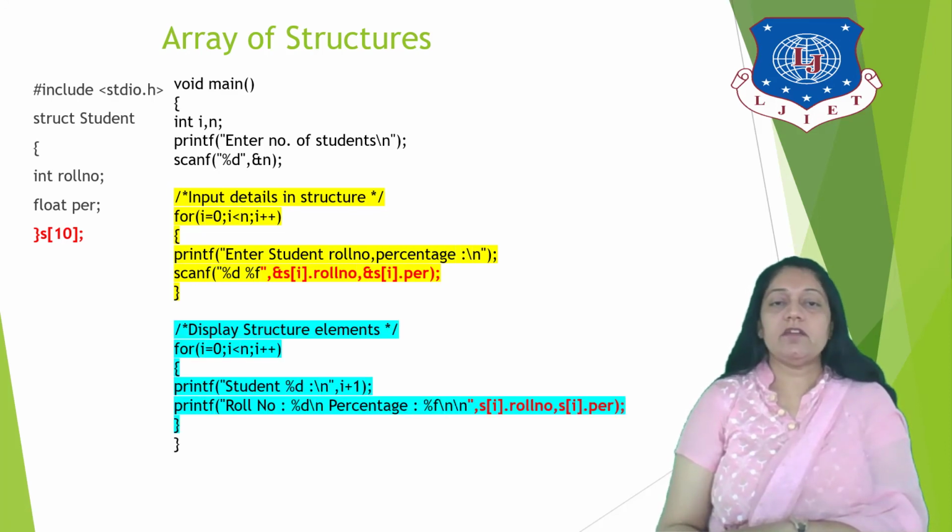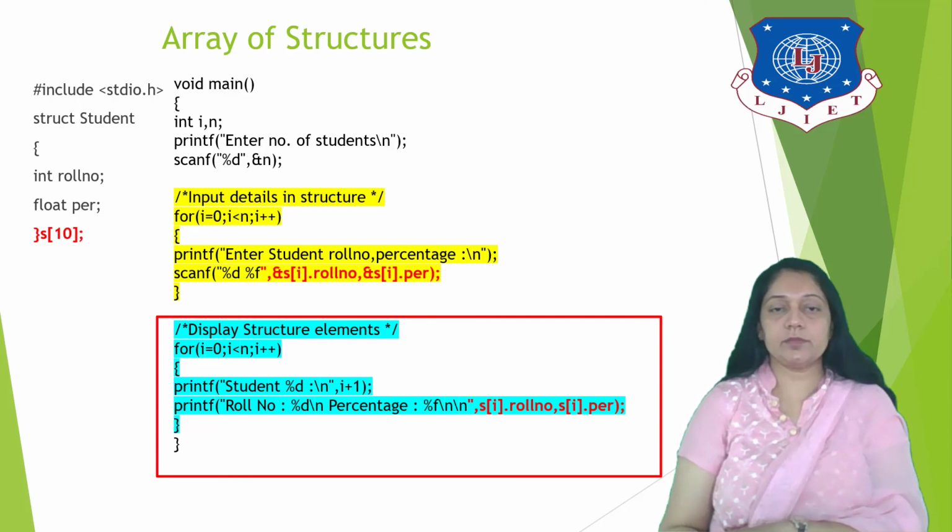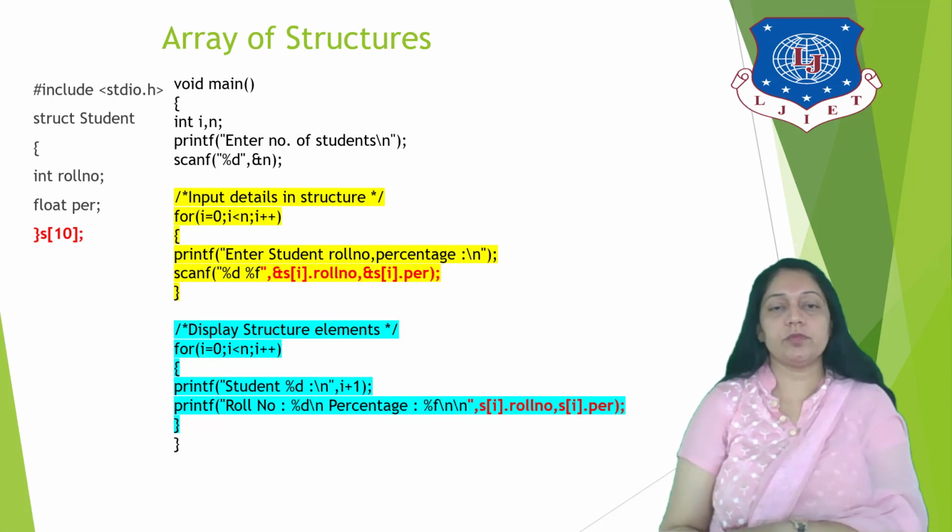Now if you want to display the values in a specific format, again use a for loop for the index of the structure variable. For i equal to 0, i less than n, i plus plus, and then display each and every value in a specific format. Whenever you are displaying the roll number and percentage, use the dot operator and use the array for the structure variable. So S of i dot roll number, S of i dot percentage.